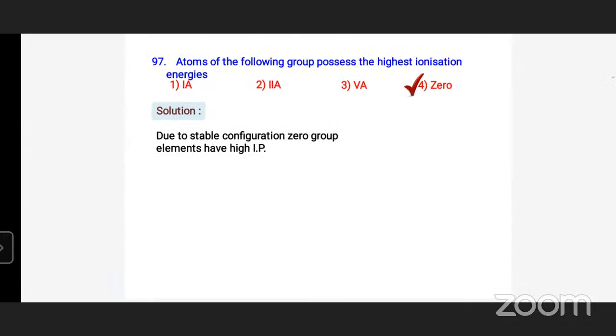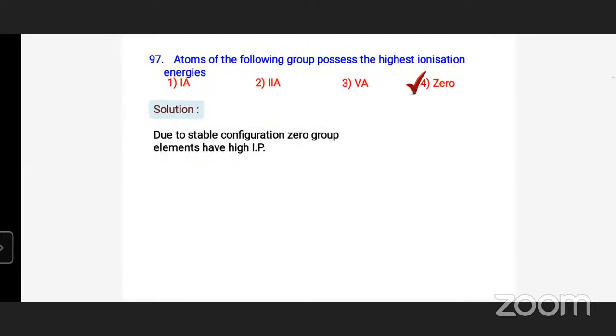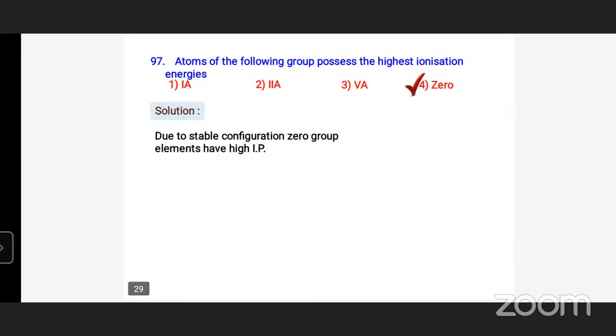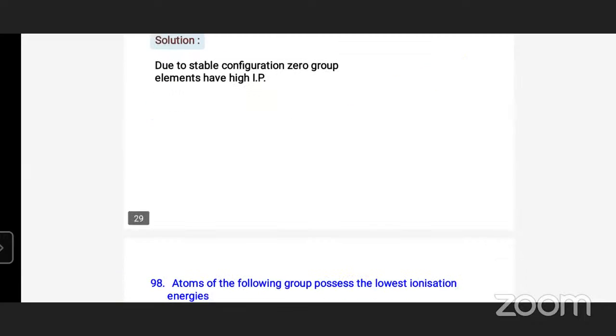Here the zero group has a stable electronic configuration because it does not share, gain, or lose electrons. So the zero group element has the highest ionization energy. Okay, right.